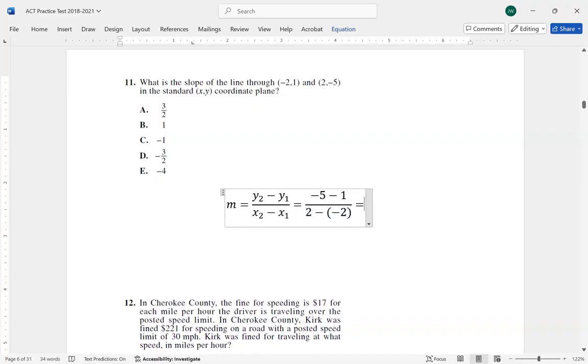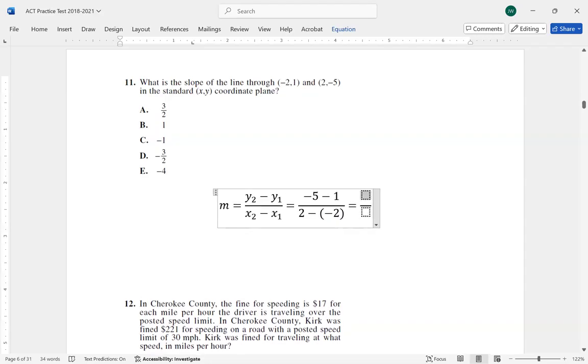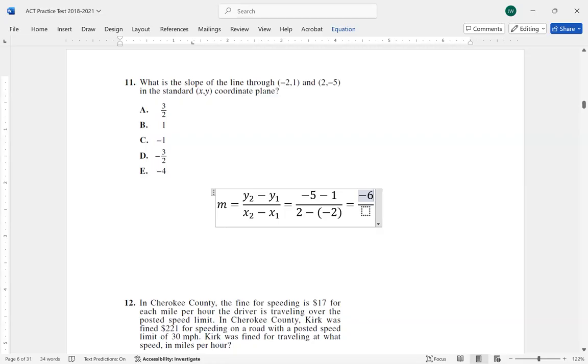What I end up getting is a fraction of -6 divided by a +4, and that actually simplifies to -3/2. So -3/2 is the slope of the line through those 2 points. And that means the answer to question 11 is option D.